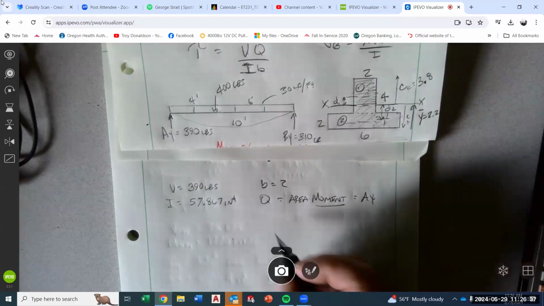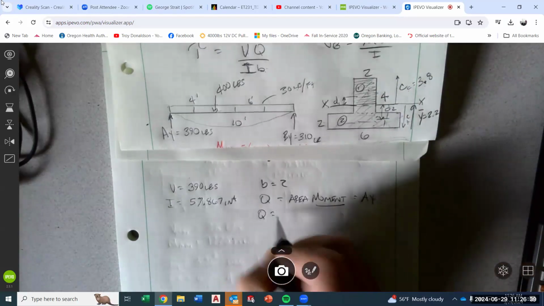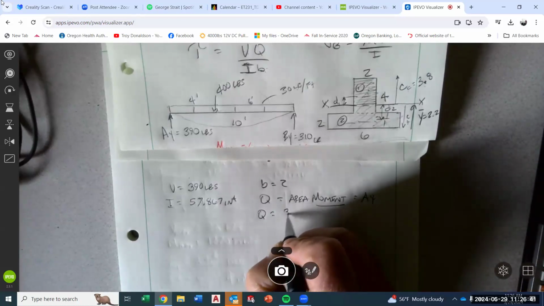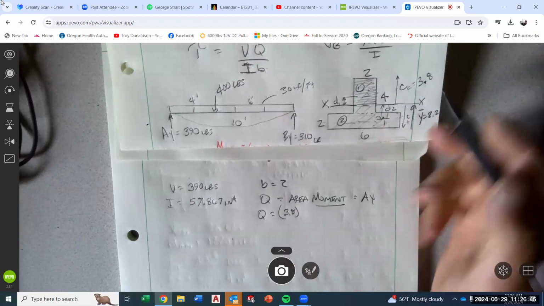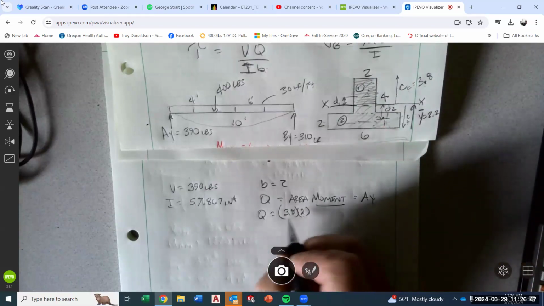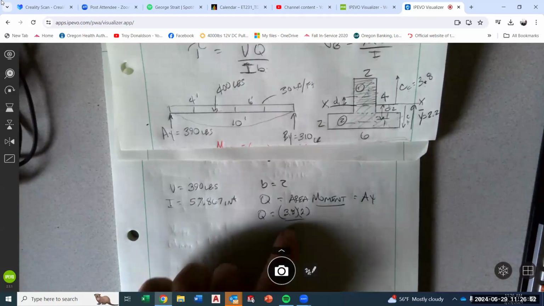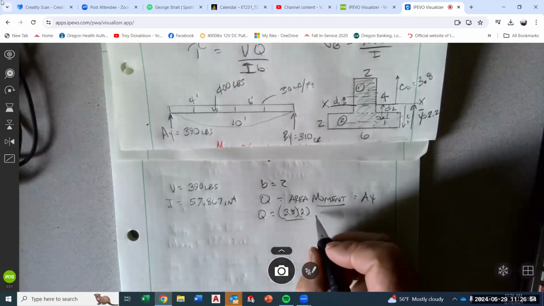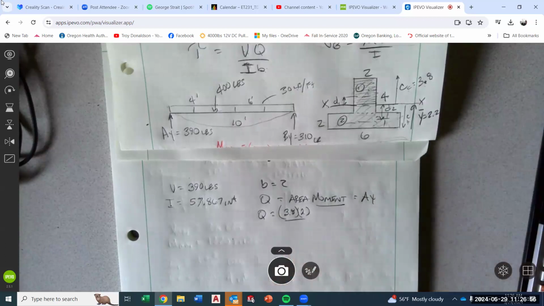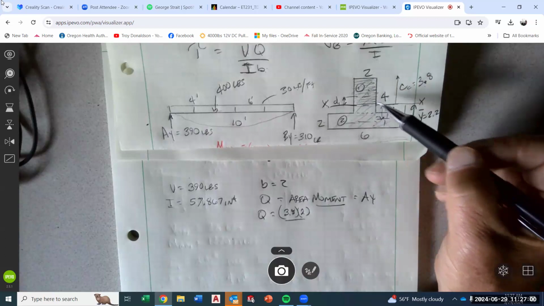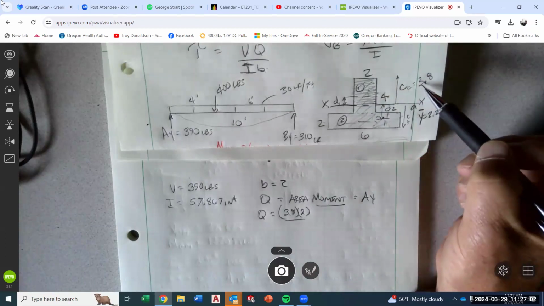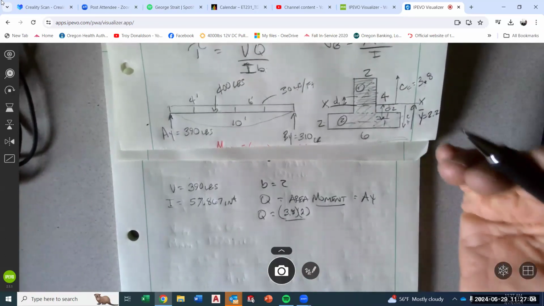So that's my area. Q is 3.8, that's the height, times the width, 2. That's the area right there. So area moment is area times the lever arm, or the distance to the geometric center. Since this is a rectangle, that's really easy to do. It's 3.8 divided by 2.